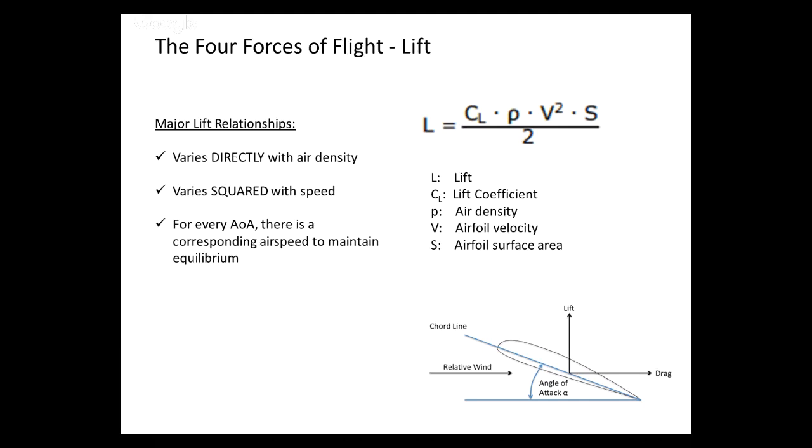If you increase the angle of attack to 6 degrees, the aircraft is going to climb and the airspeed is going to go down. And once the aircraft reaches a state of equilibrium, meaning it's climbing at a rate that is constant, you'll hit an airspeed that's constant and the angle of attack won't change.